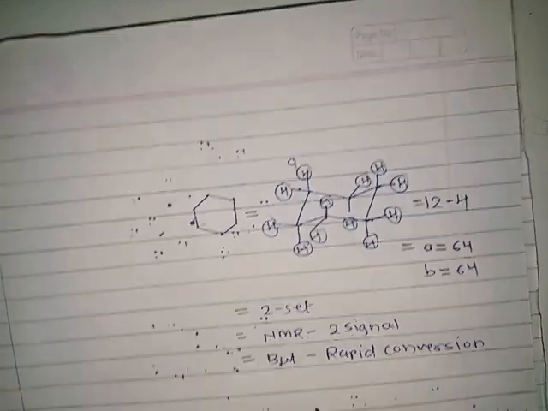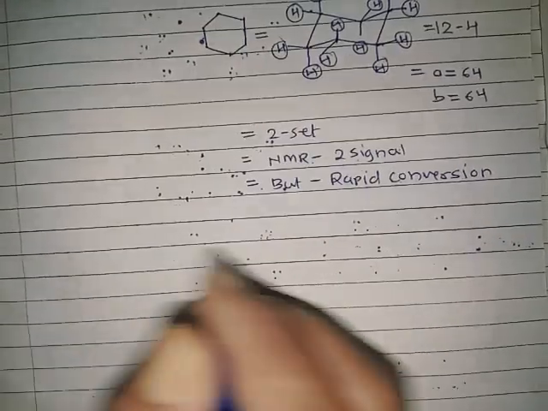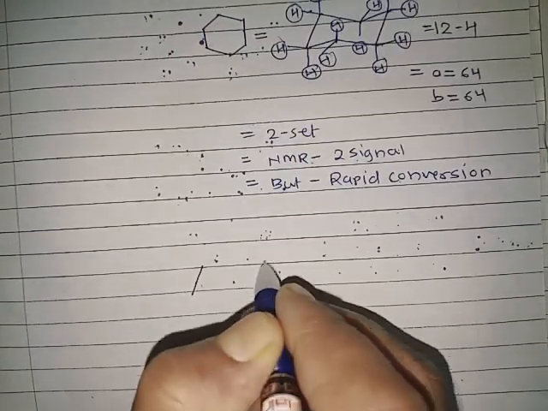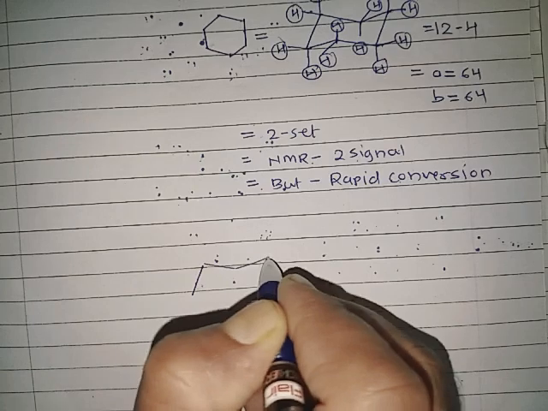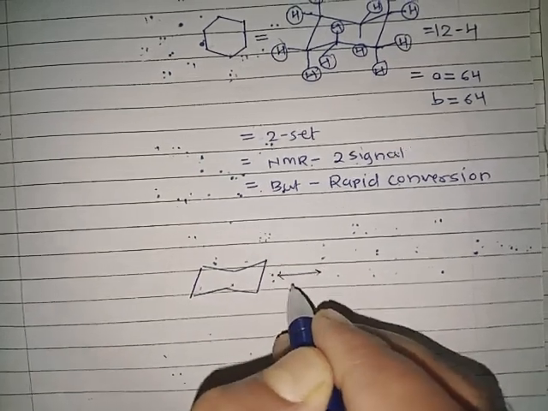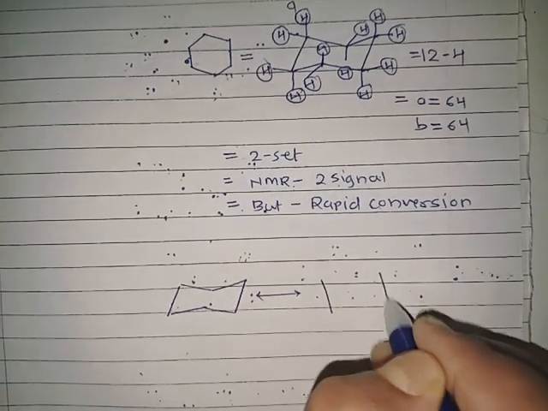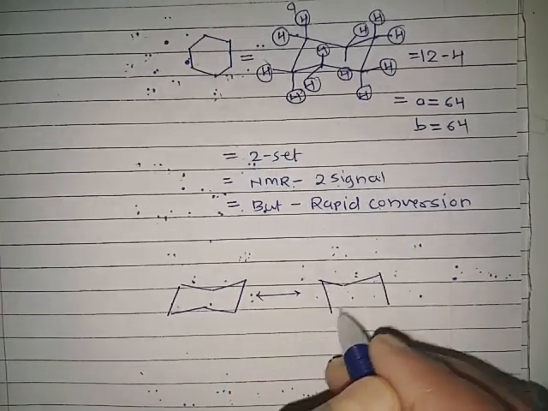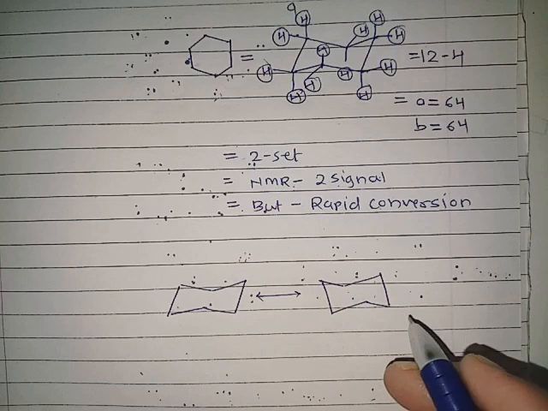Cyclohexane has two chair forms. One is like this, which is rapidly converted into another one, and both are energetically the same.